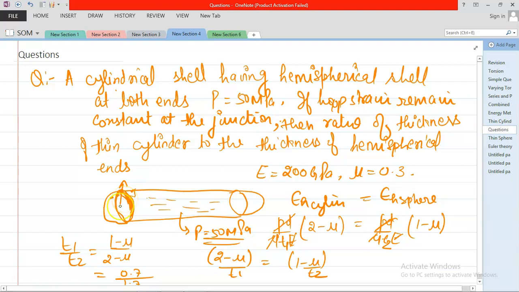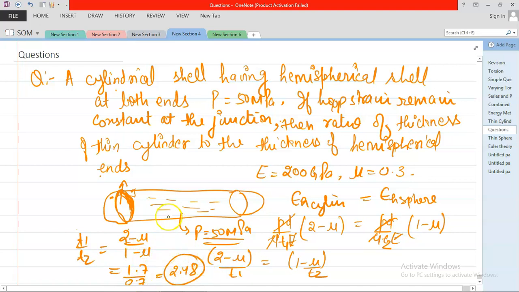Oh, sorry, that's what I am saying, it is coming out not right. So the value of T1 by T2 is (2 minus mu) upon (1 minus mu). This is 1.7, this is 0.7, and your value is 2.48. So this is for the combined case of a sphere with thin cylinders.